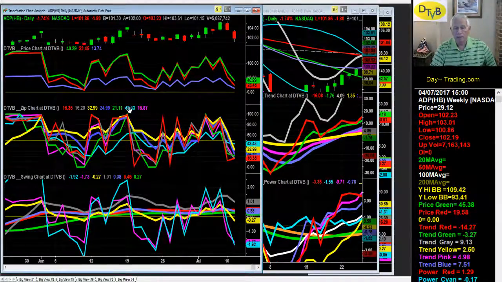When Zip Green is at 100, there are a lot of people buying the stock. And Zip Zion is the grandfather to Zip Green, and when Zion is at 0, there is a huge number of people selling. Same is true when Zip Zion is at 100, there's a huge number of people buying into the stock. So it's important to keep the distinctions of the indicators, what they are and what they are not.